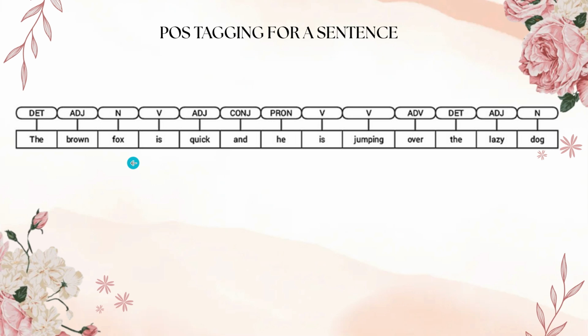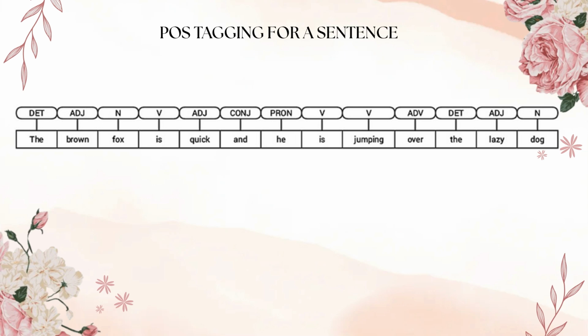A noun usually denotes words for some object or entities, which may be living or non-living. In this sentence, we can say fox and dog are nouns. The POS tag symbol for noun is capital N.